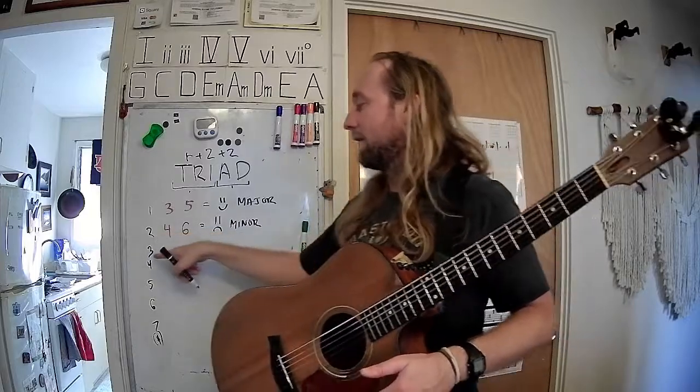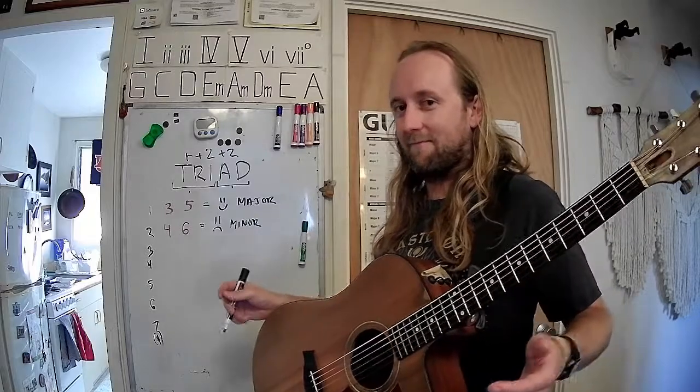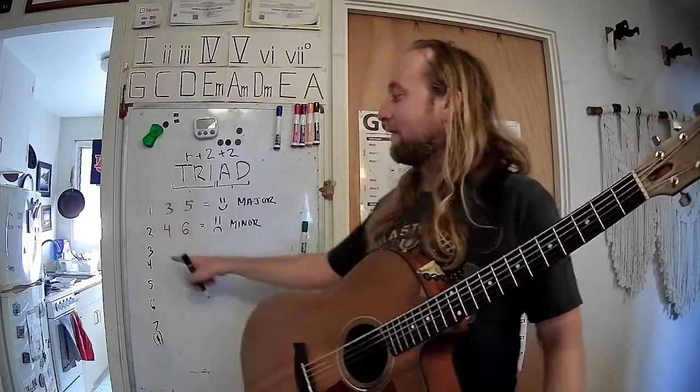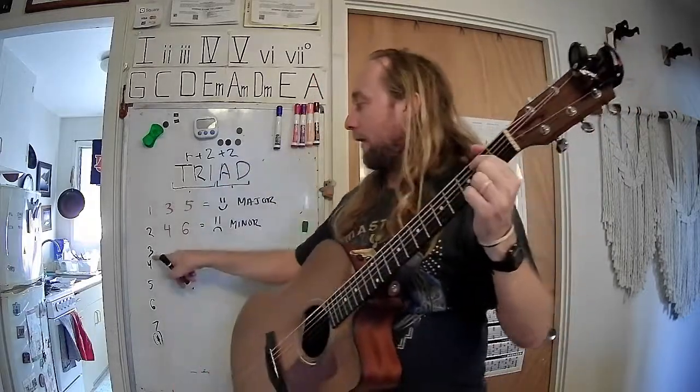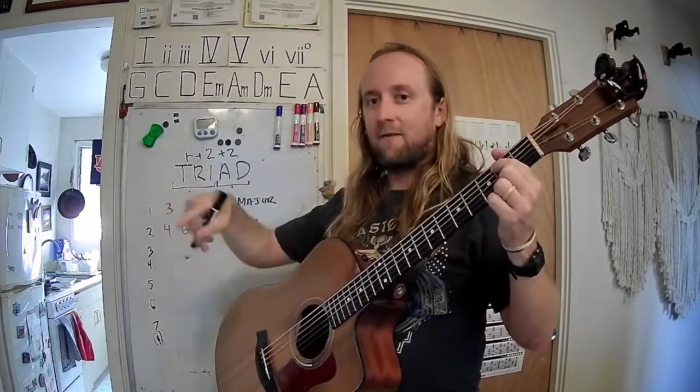All right, number 3. I'm going to start picking up the pace a little bit because hopefully you've got the gist. We're going to take the third note of the particular scale. So 1, 2, 3, there's 3. And you're going to plug that into the formula: 3 with a stacked third and a stacked third.